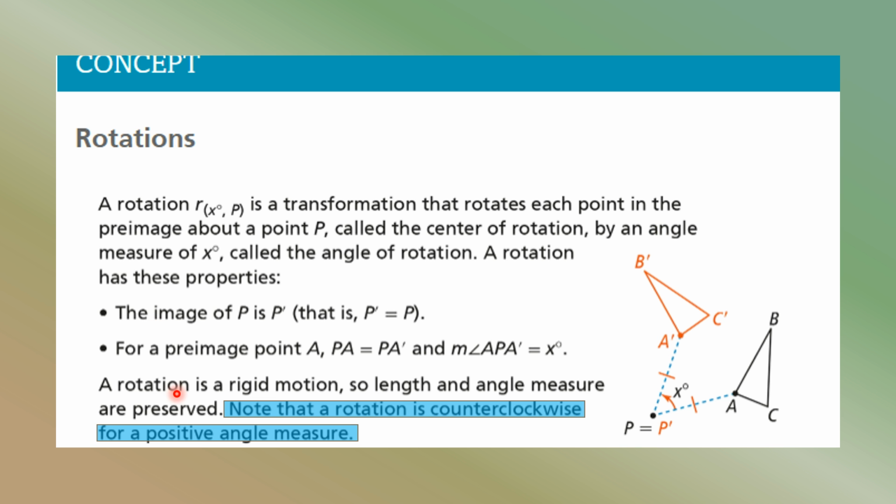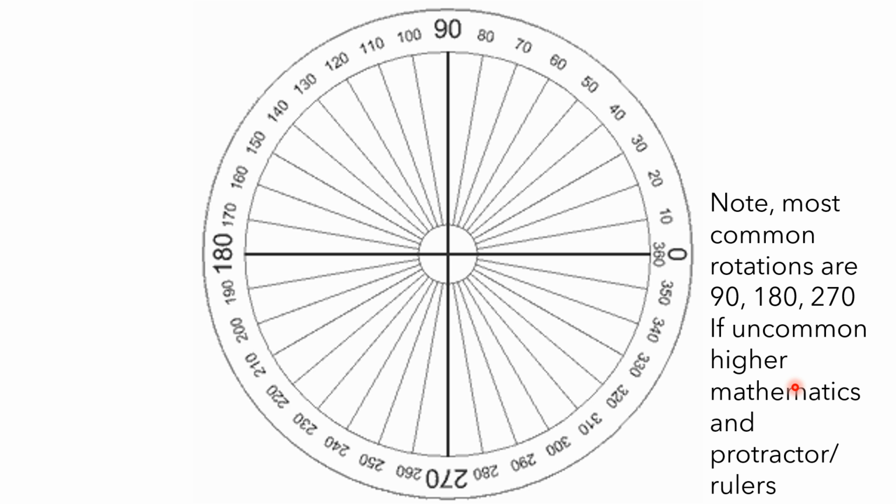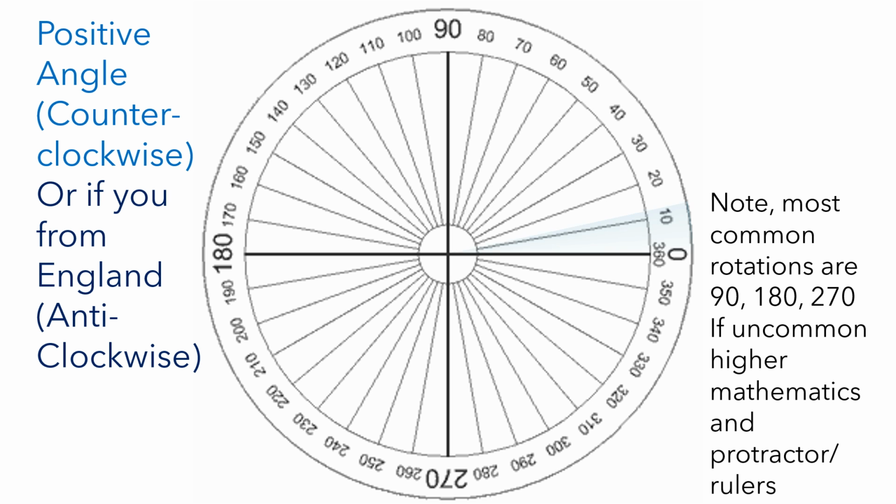Something you should realize is that rotation is a rigid motion, so length and angle measure are preserved, and note that rotation is counterclockwise for positive angle measure. In this book, we use lowercase r, but normally it would be a capital R. So if we have a negative rotation, watch what happens. For a positive rotation, we have it going this way.